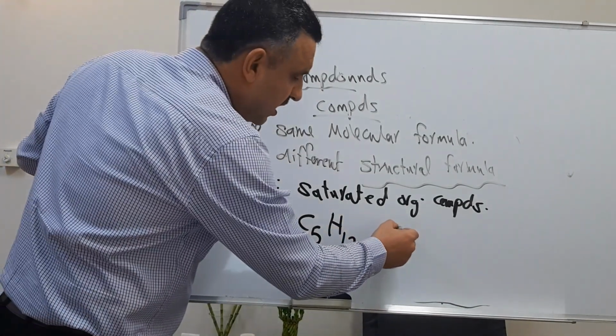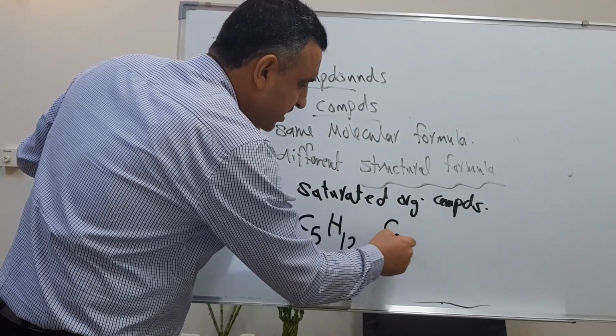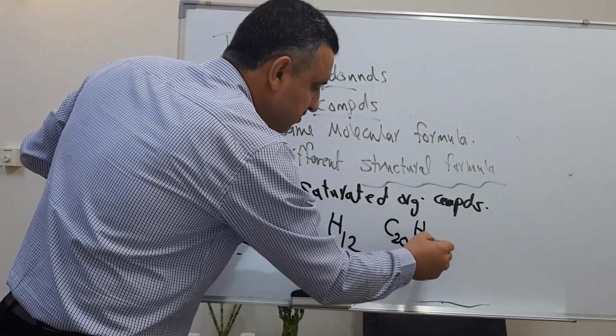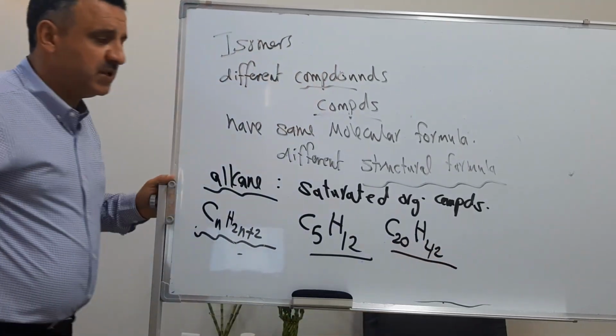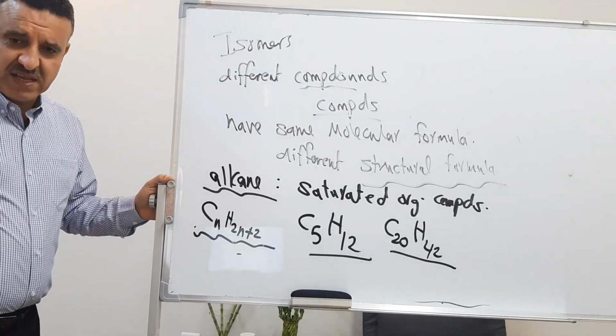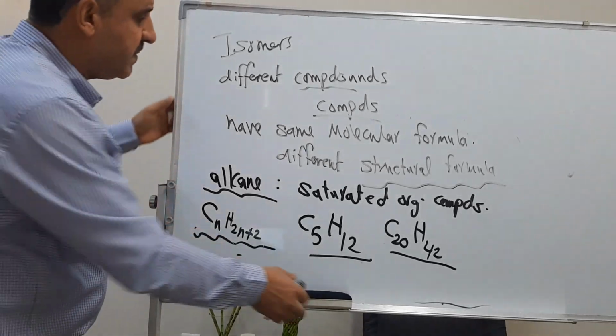If we have an alkane that contains 20 carbons, then the hydrogens must be 42. So it's C20H42 if we are talking about an alkane. Do you follow me?